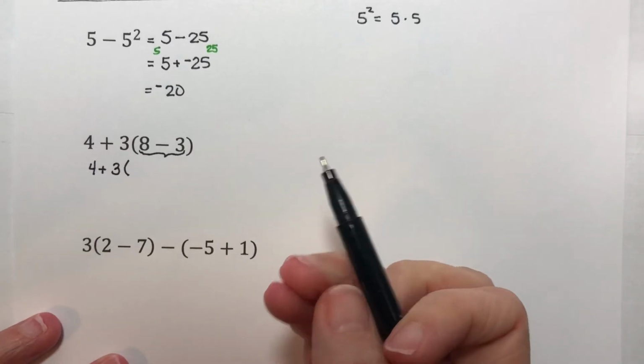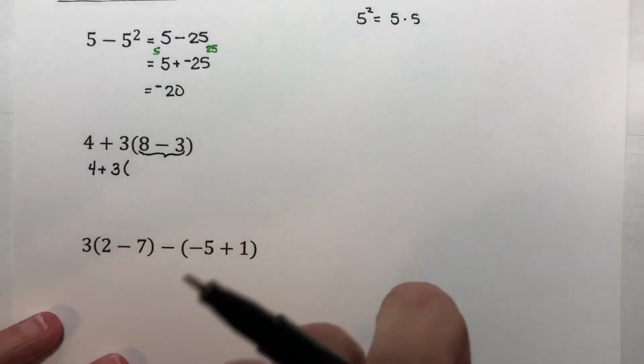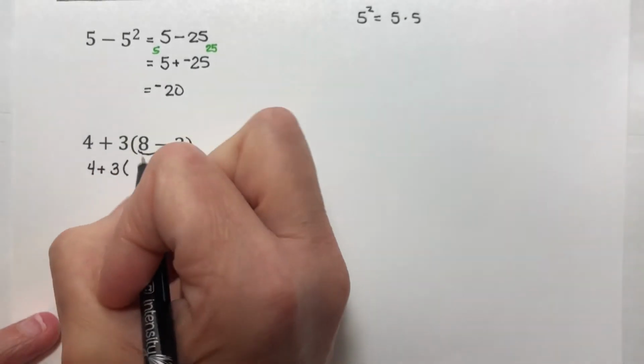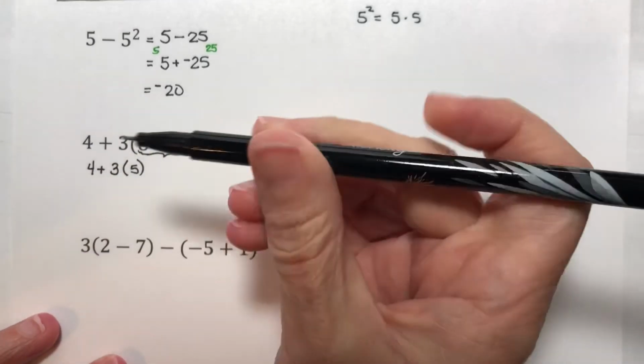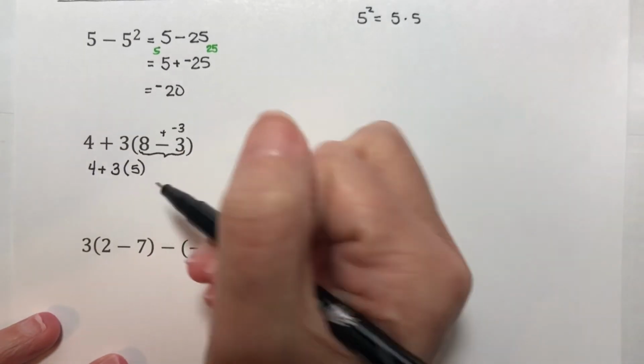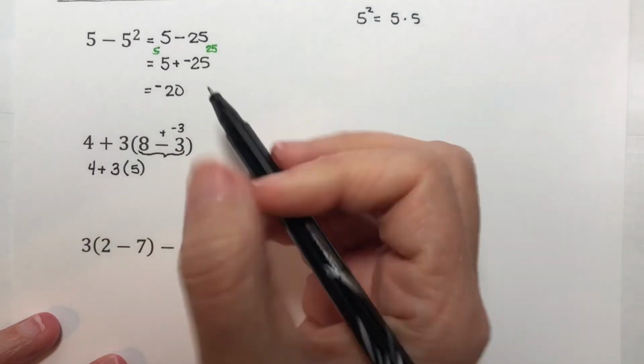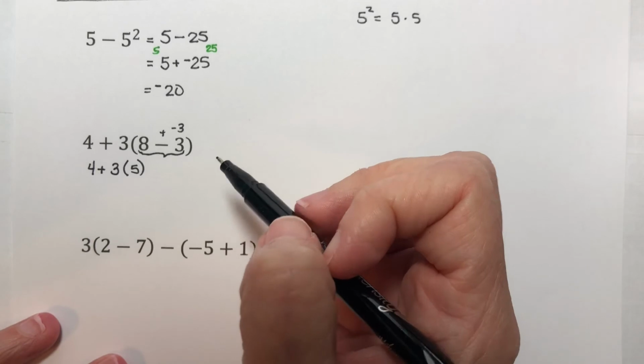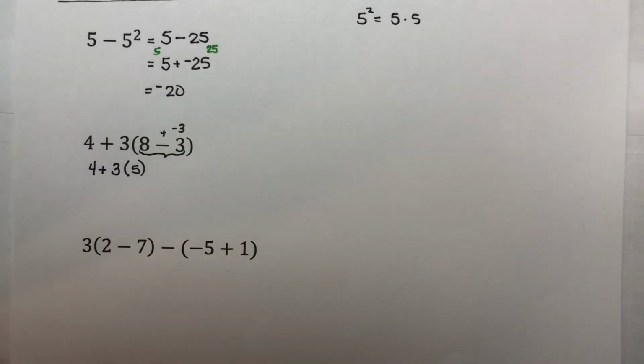8 minus 3 is what we would normally think of as just normal subtraction. 8 minus 3 is 5. You can think of this as 8 plus negative 3, and you'd still get to the 5. Okay, so that's simplified now. So we've simplified inside the parentheses. Our next step would be exponents, but we don't have any.